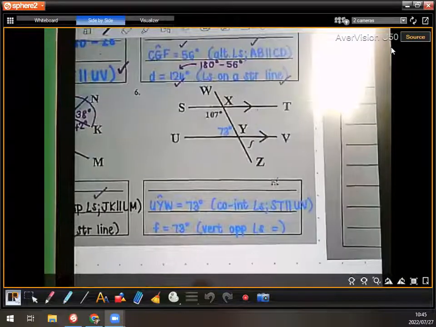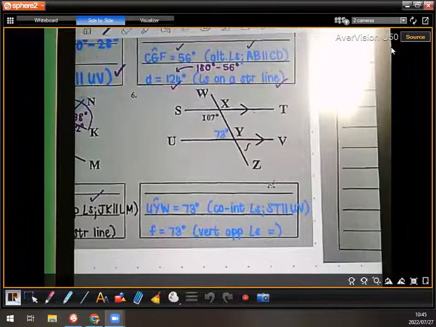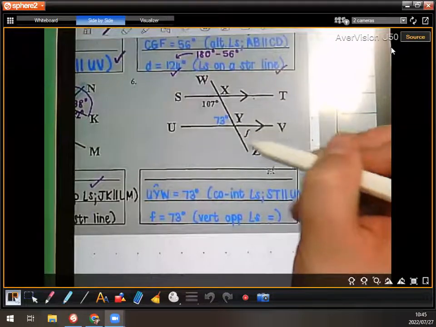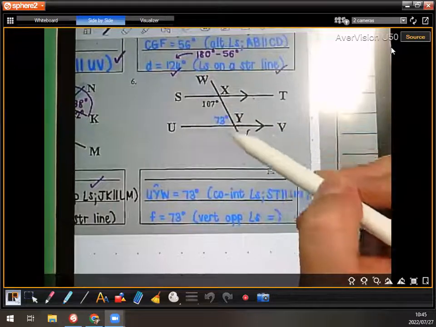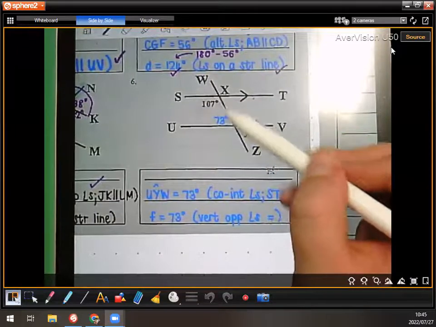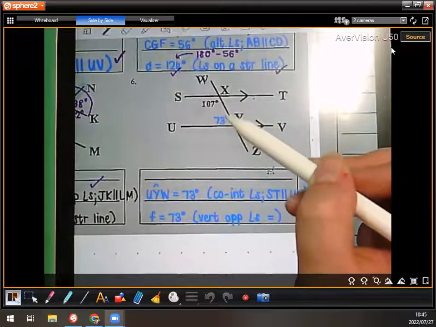All right, number 6. Can you guys read that blue thing? If I change that? Can you read it? Okay, so what I did here was we need to find F, right? So I did co-interior angles here. I did 180 minus 107. I got that angle is 73.